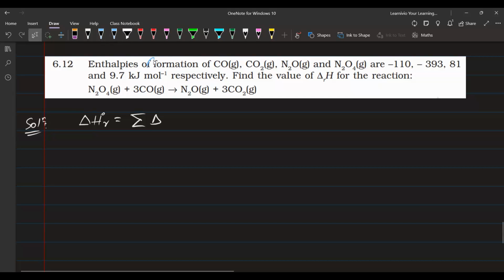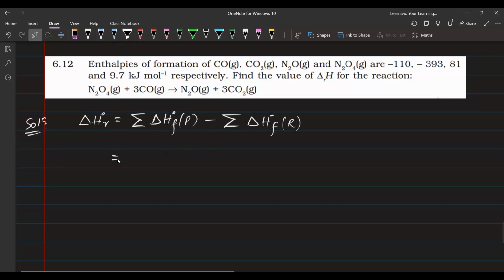Enthalpy of bond is not given. What has been given? Enthalpy of formation. So product gets formed, so delta enthalpy of the formation of product, right? And reactants get destroyed, so minus the sum of the enthalpy of formation of reactant.